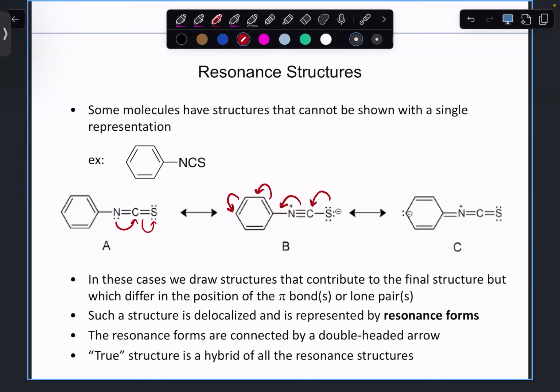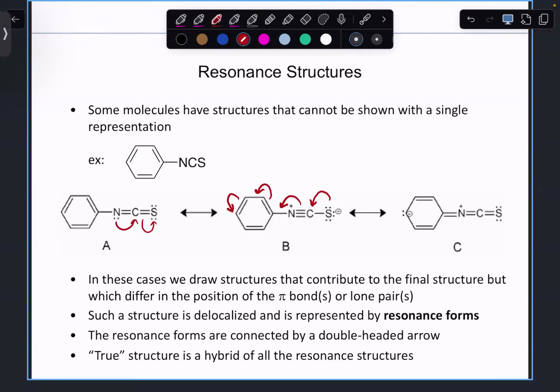Now, the charges. How did I know that this nitrogen is neutral, whereas this nitrogen is positive? First off, you know your normal valences.